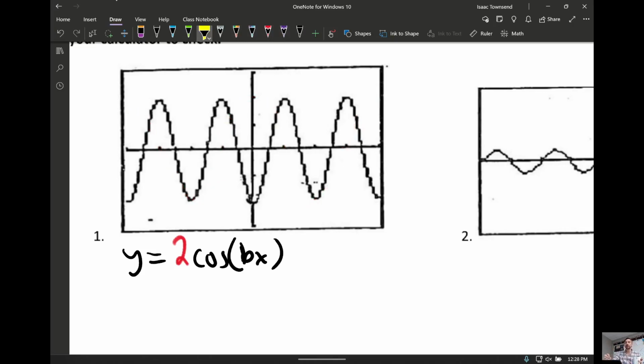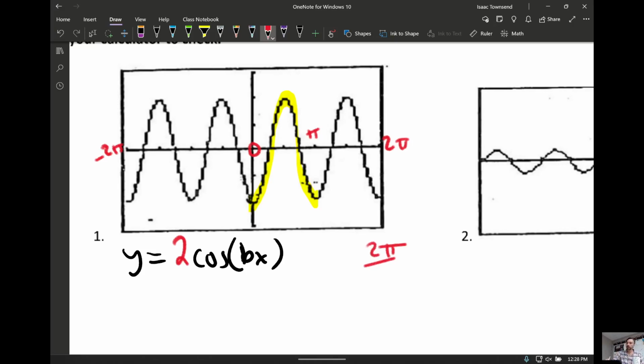So you're going to have to know that period is the distance to see one full cycle. Now we're about to talk about this in the calculator in just a second. But this is 0. The far right we want to be 2 pi, and the far left we want to be negative 2 pi. So if all the way over is 2 pi, this is 1 pi. So to see one cycle, it looks like it has a period of pi.